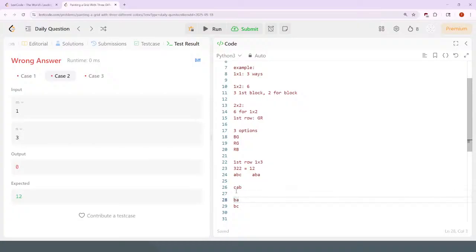And then of the other two ways, BA can't be followed by C or an A, it needs to be followed by a B. And then BC can be followed by an A, cannot be followed by a B, cannot be followed by a C. Huh. So it actually formed no new ways? Really?